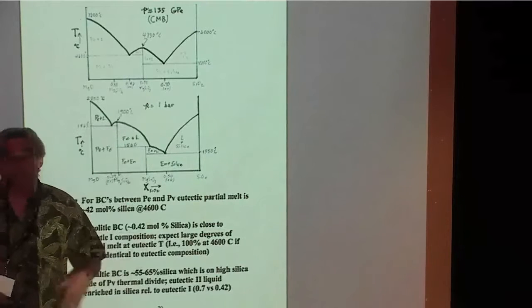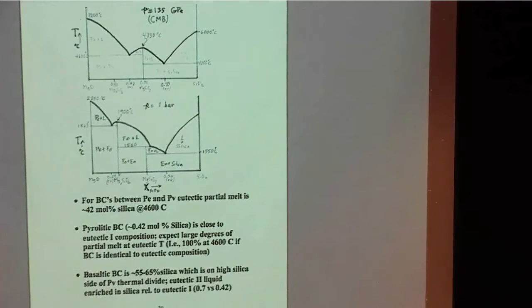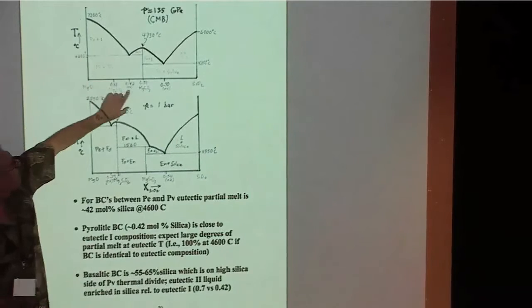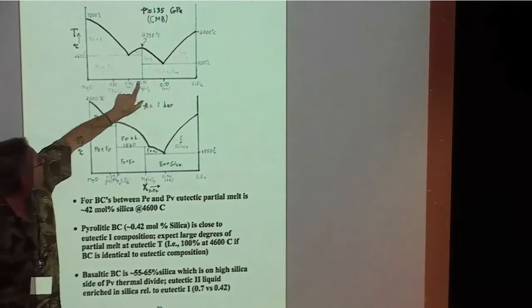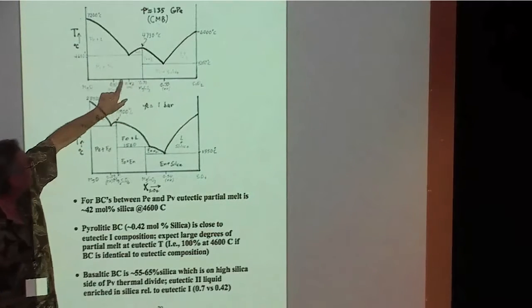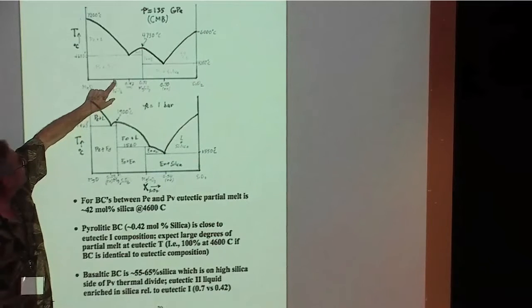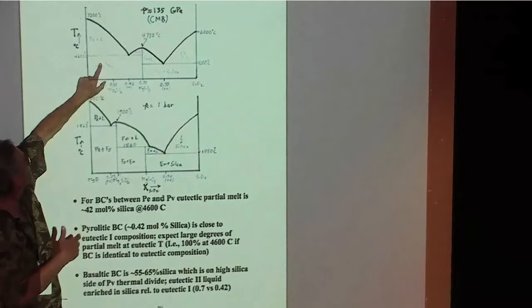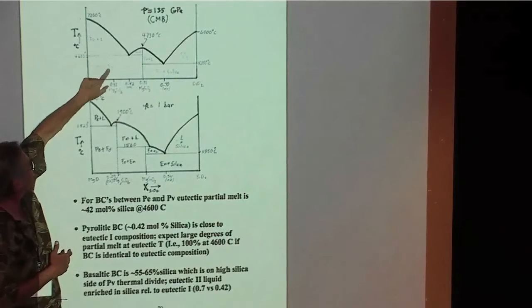So remember the lower mantle for pyrolite, it's maybe 70% magnesium perovskite, 20 or 30% MgO. So it's on the left side of this composition, right? A bulk composition here, right? Standard mantle.